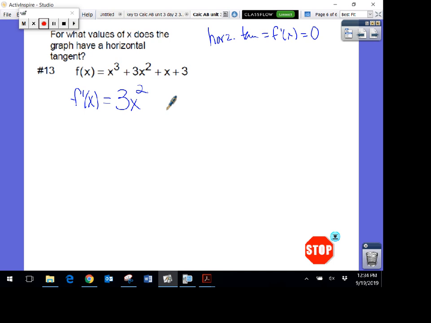I'm going to skip that 3 times step, so 2 times 3 is 6. X to 1 less than what it was, 2 minus 1 is 1. 1 times x to the 0, 1. So there is your derivative now.